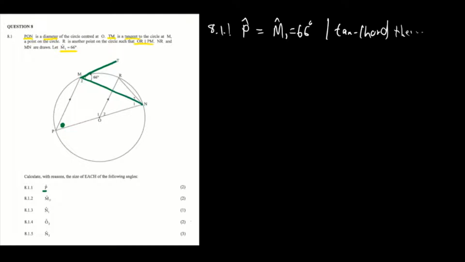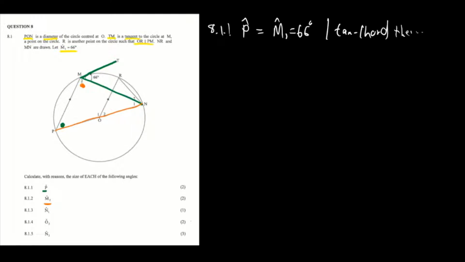And then we need to identify M2, which is this one here. What we know about M2 is that PON is a diameter, we were told.